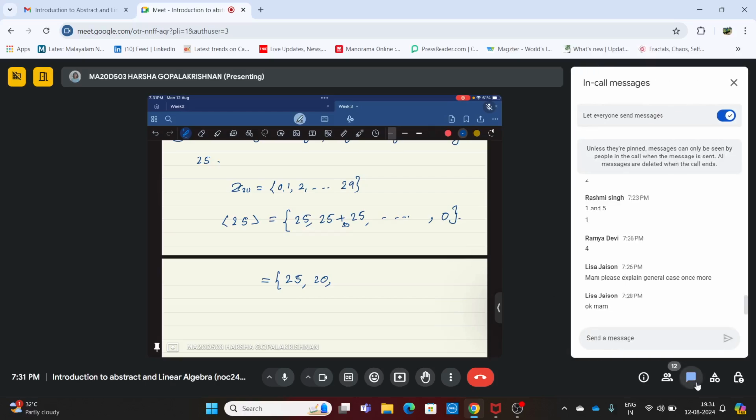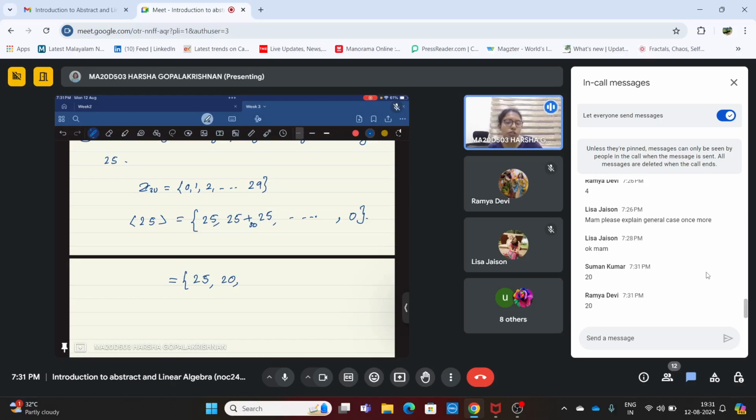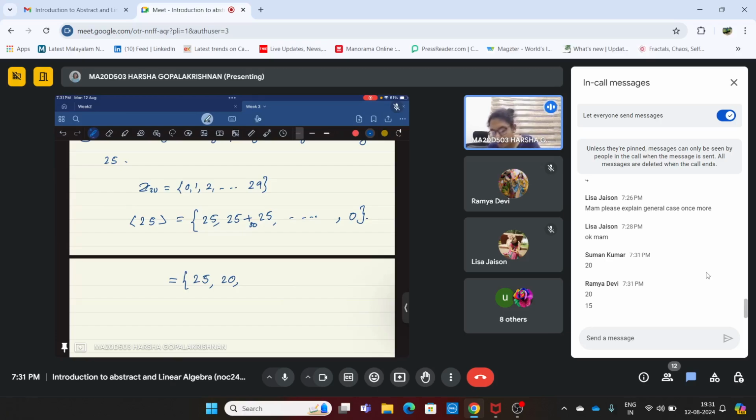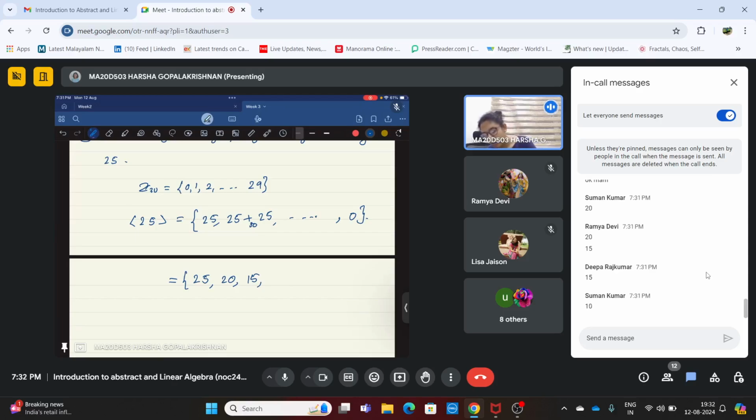What is the next element? 20 plus 25. Yeah, 20 plus 25 means it is 45. In 30 it will be 15. And the next element? Very good, 10, because with the 50 I am adding 25.